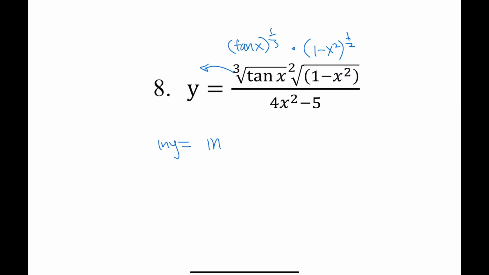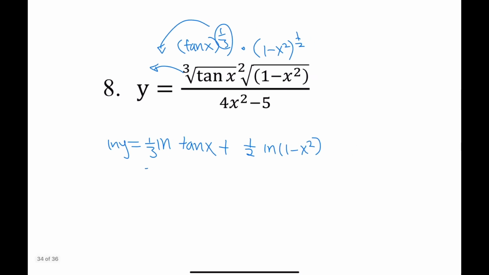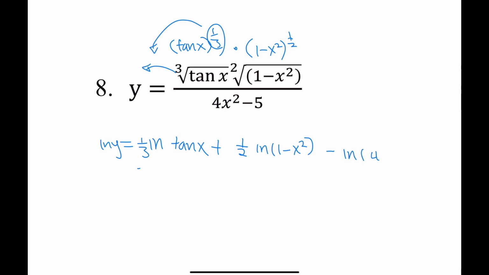Alright, so ln tangent x, and then the 1/3, which is an exponent, comes out, so 1/3 ln tangent x plus 1/2 ln 1 minus x squared, and then minus ln of 4x squared minus 5, okay?